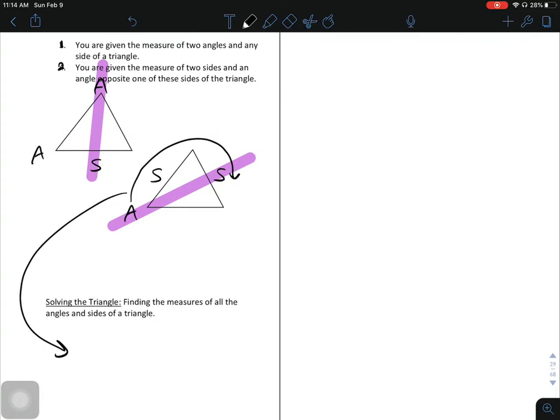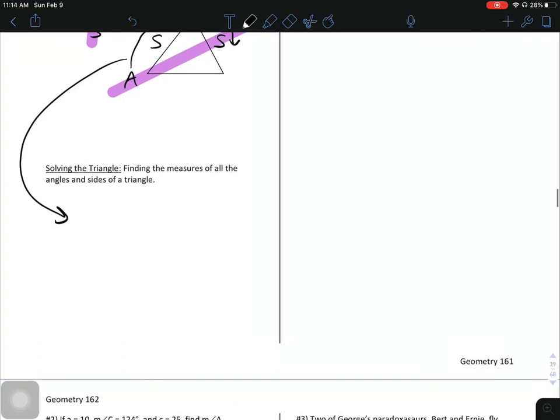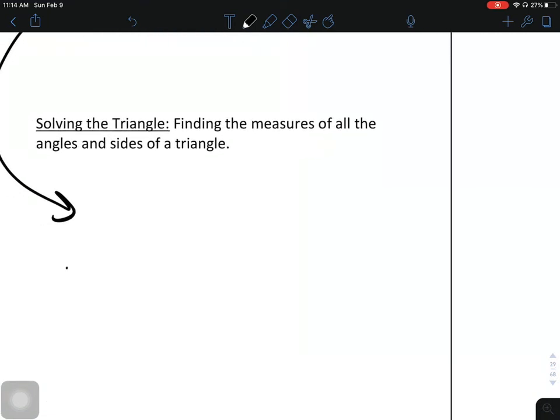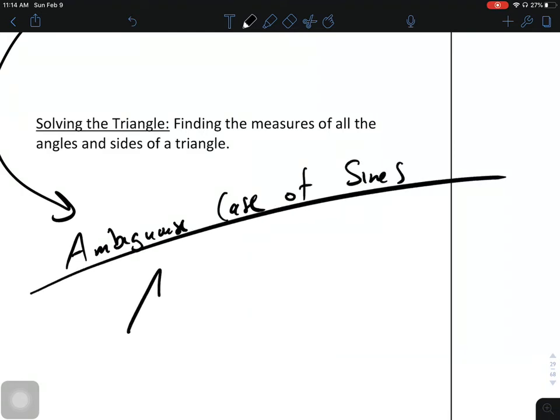That is not a congruence test. So what we need to be really careful about is called the ambiguous case of sines, which happens when you're given angle-side-side.